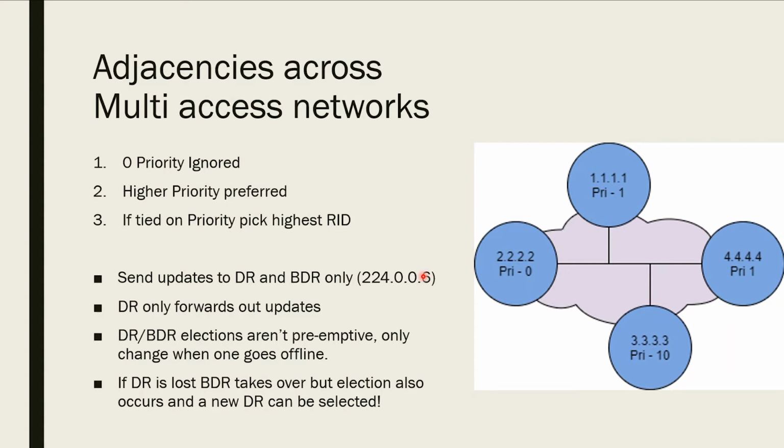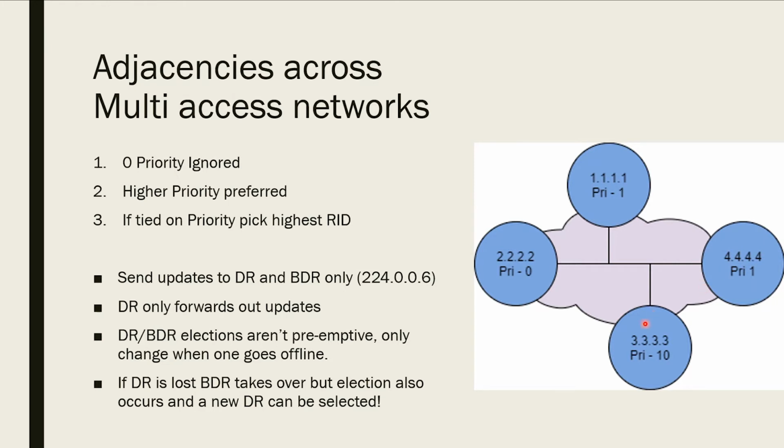Now, those DRs are elected based on a priority, and a priority list is highlighted here. So priority 0, that is ignored. We then go to the highest priority device, which will be this one in this situation. And then if we're tied, which would be the case when we are electing the BDR, we select the one with the highest router ID just to tie break it.